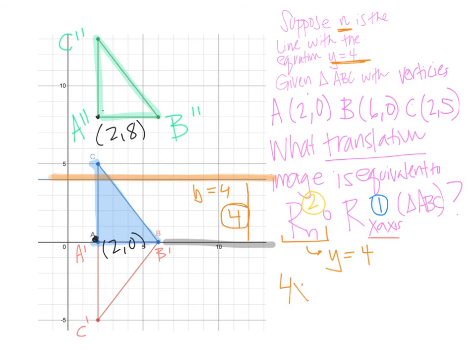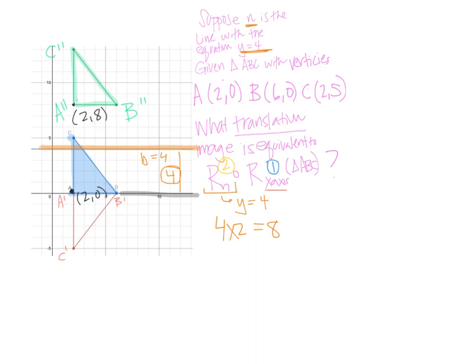So 4 times 2, that's 8. Then we translate it that many units based on whether we're reflecting vertically or horizontally. If we are reflecting vertically, then it is a change in y, and we move it up or down based on that change. If we're reflecting it horizontally, so it's a change in x, then we would change the x variable.